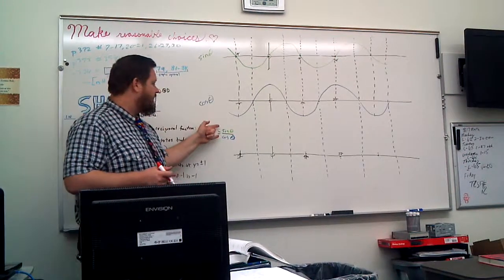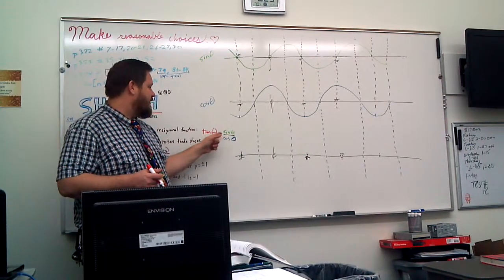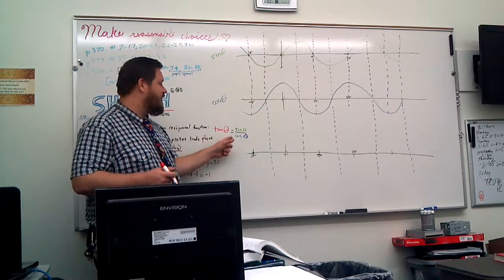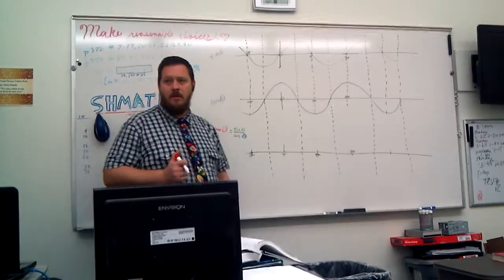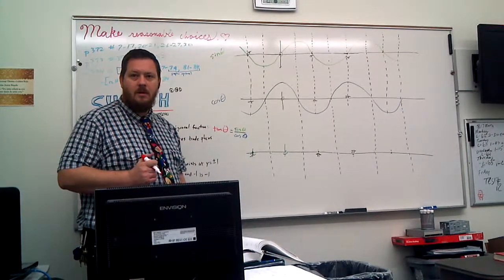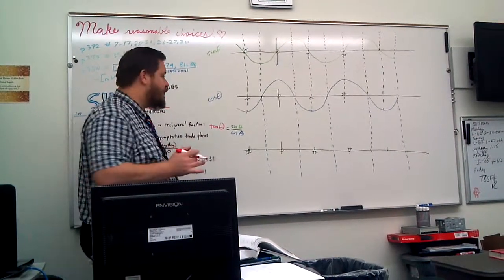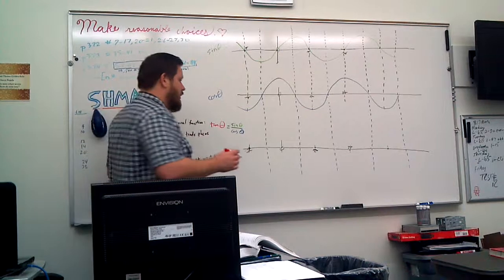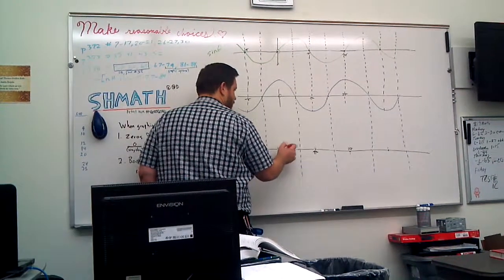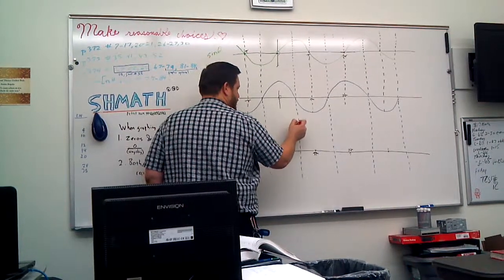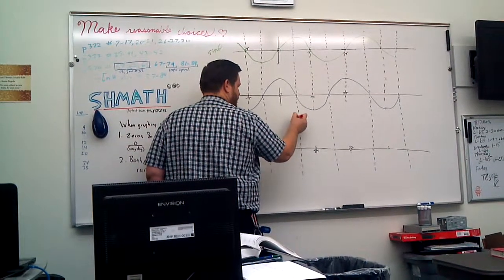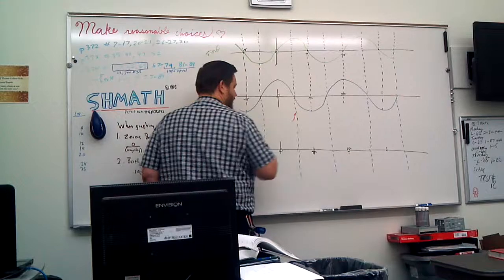So what happens to the value of a fraction as the numerator is increasing and the denominator is decreasing? It gets bigger and bigger and bigger. So if this is an asymptote, let's just say that it's going to do that.